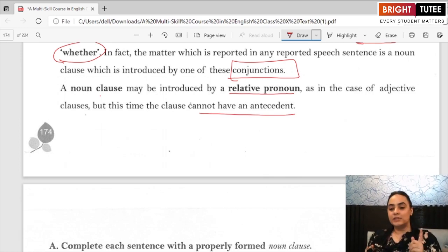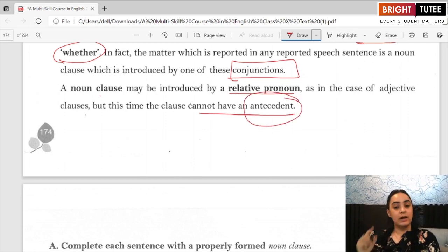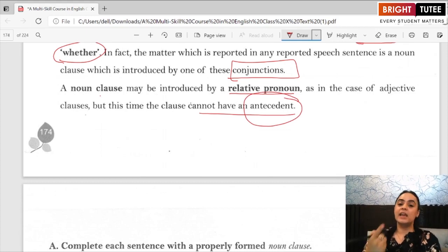The only difference is that if my noun clause is beginning with a relative pronoun, it should not have an antecedent. Now, what is an antecedent? About this, we are going to learn in detail in the next video, where I talk specifically about the adjective clauses.